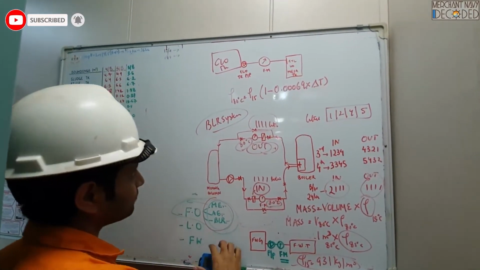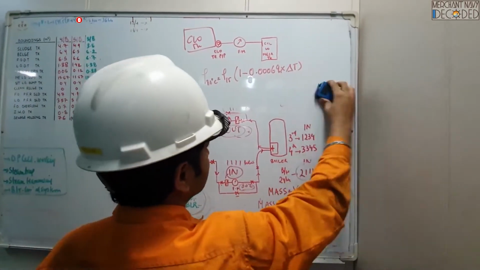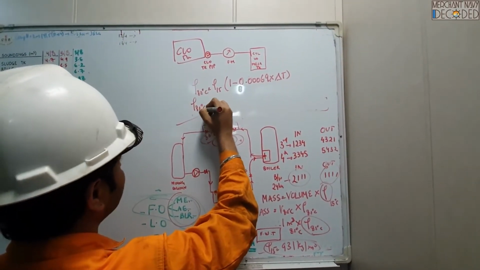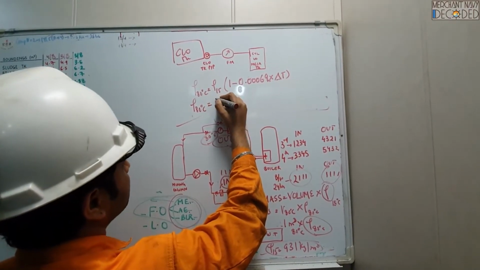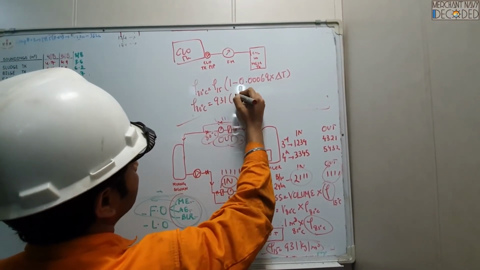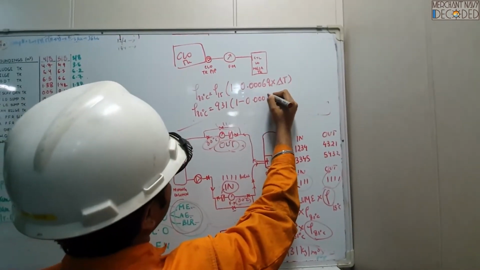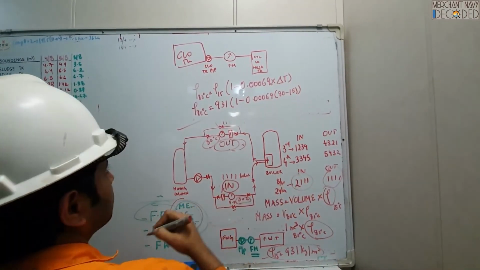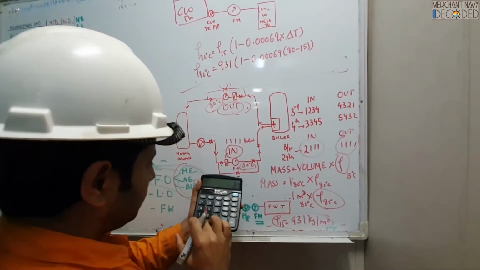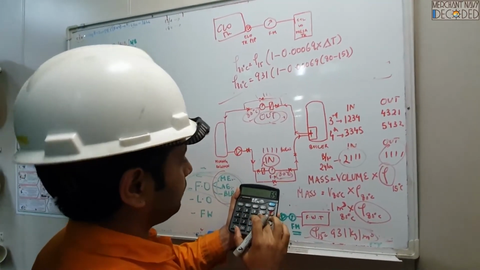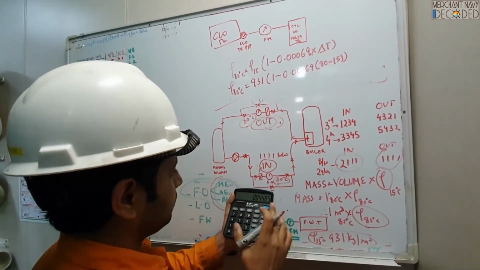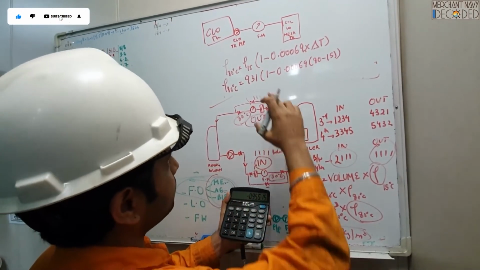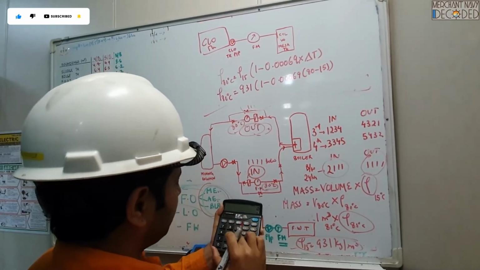Can someone give a calculator please? So density at 80 degree centigrade becomes 931 kilogram per meter cube, into (1 minus 0.00069 into (80 minus 15)), that is the delta T. Now, guys, 80 minus 15 is 65, into 0.00069, this much, and 1 minus this gives 0.955, into 931.